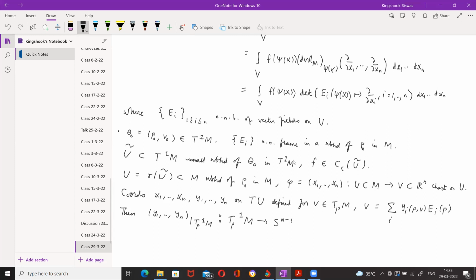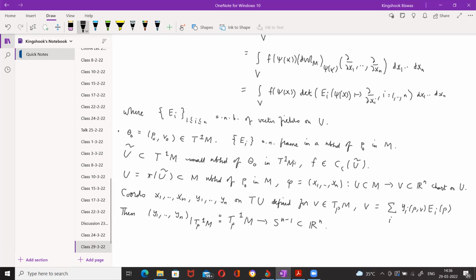Because these are coefficients with respect to an orthonormal basis. So the unit tangent sphere in the tangent space corresponds to the unit sphere in R^n. Is this clear? Yes, sir. All right.